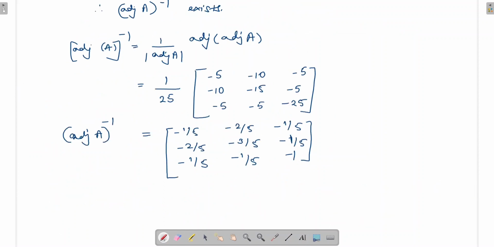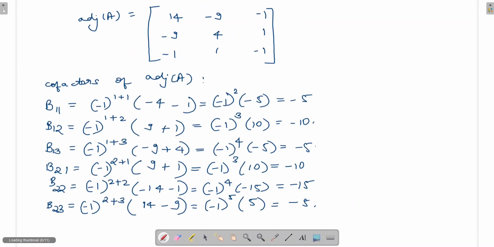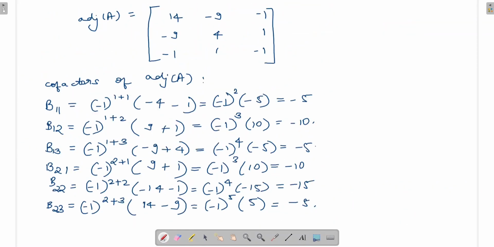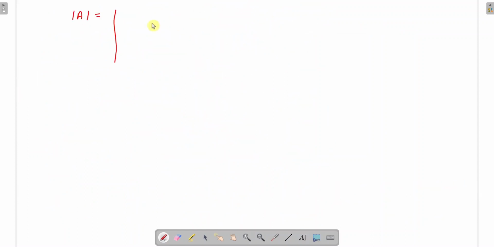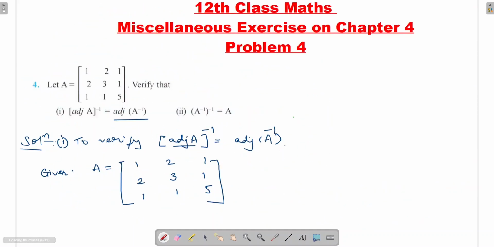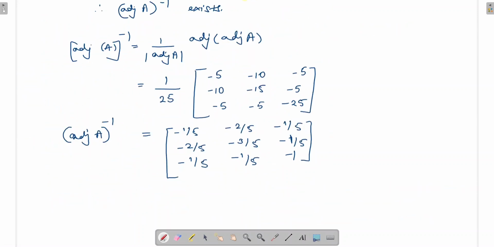So for that we have to find A inverse, right? For finding A inverse we have to find determinant of A. So determinant of A will be determinant of 1 2 1, 2 3 1, 1 1 5.